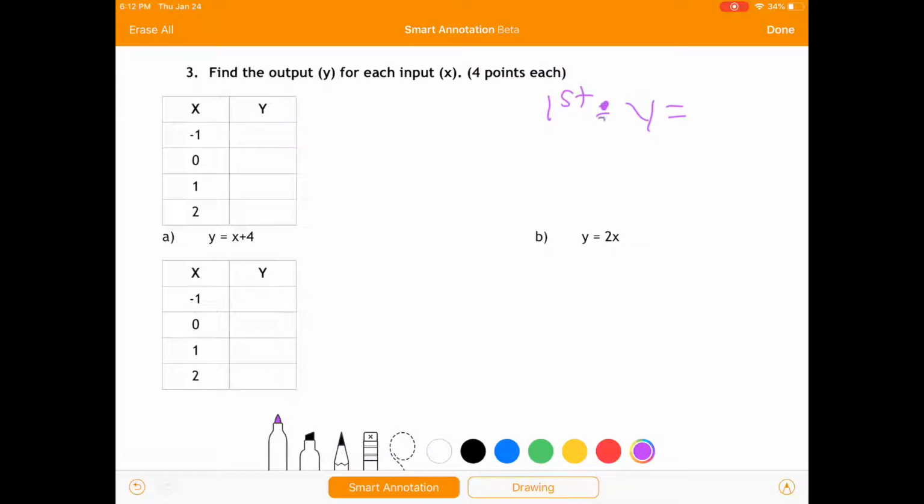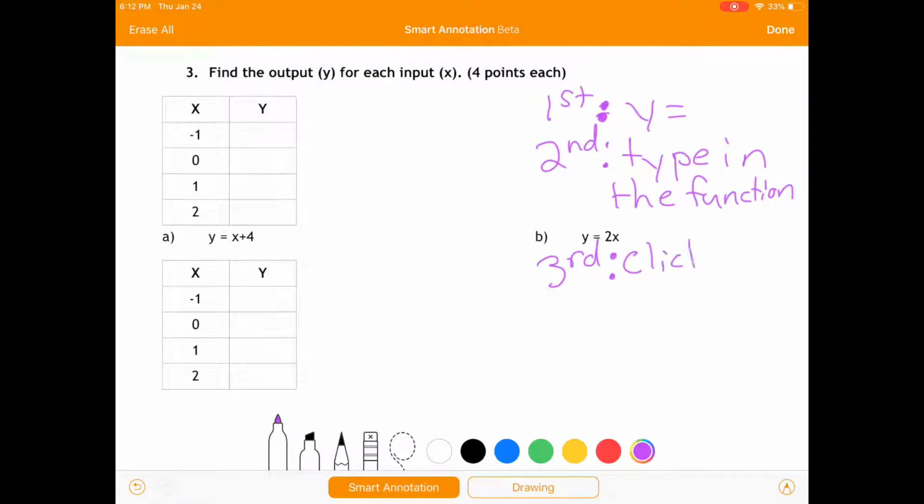Second, you're going to type in the function. And then third, you're going to click second, graph, to get to your table.